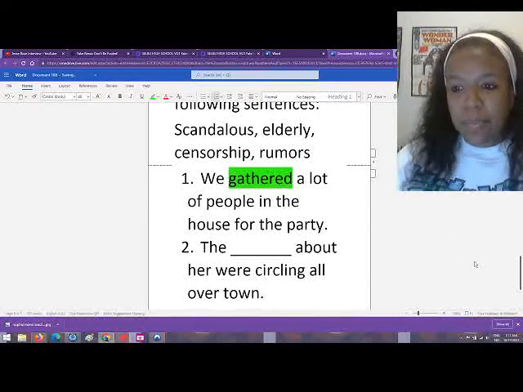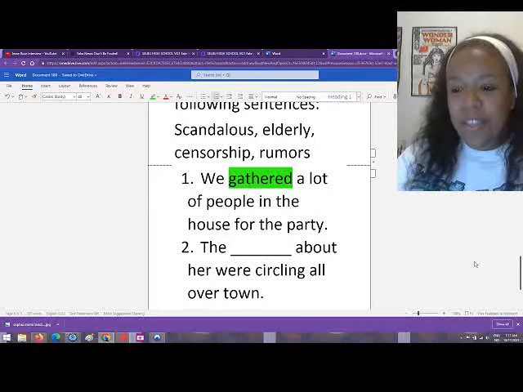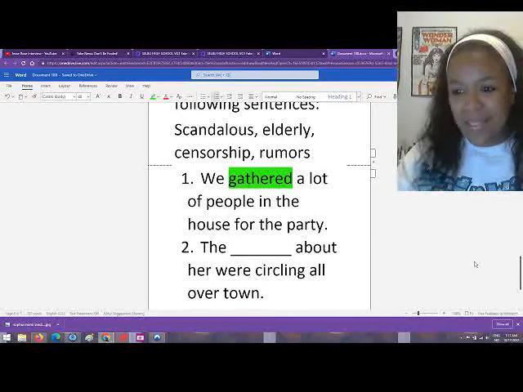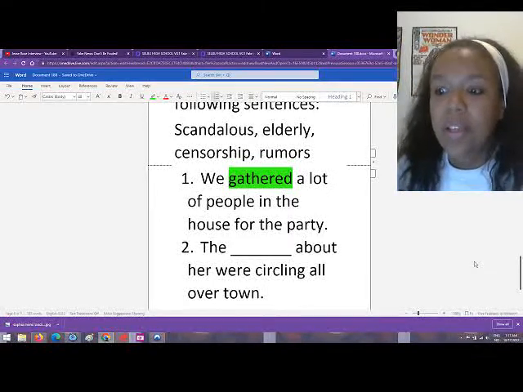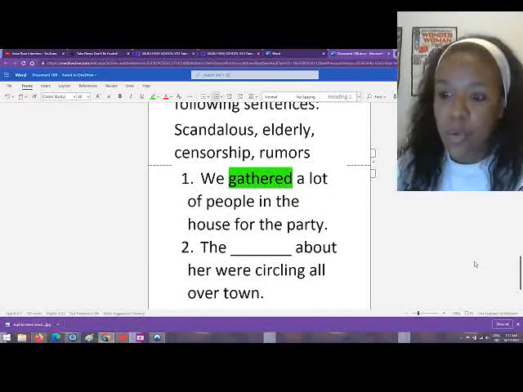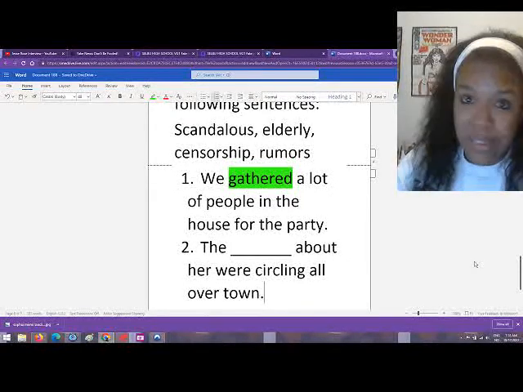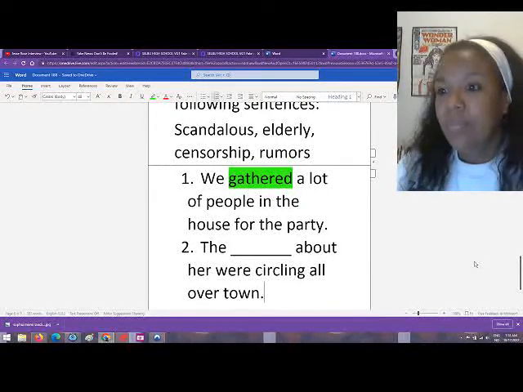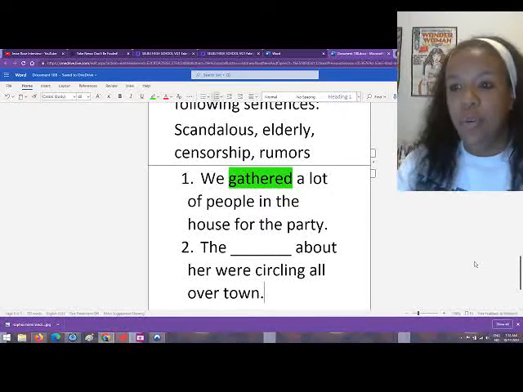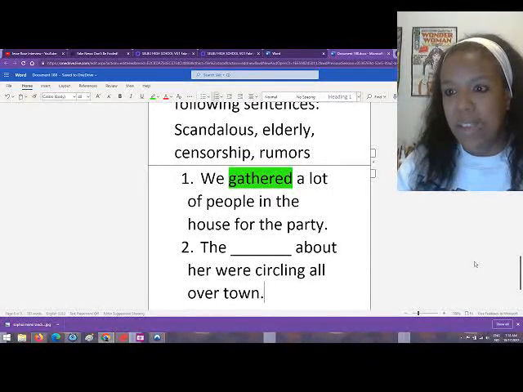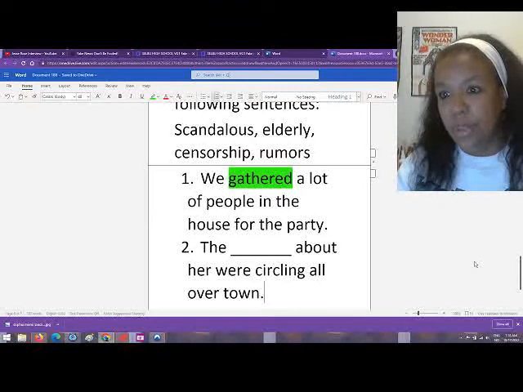so here, the blank about her were circling all over town. So you have already used gathered, so you can't use it again. And you only have 4 options there: scandalous, elderly, censorship, and rumors.